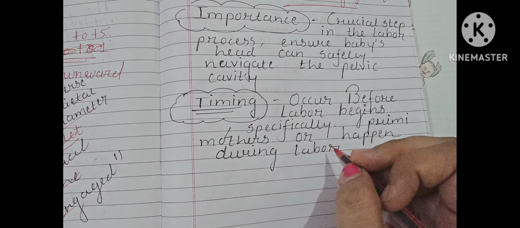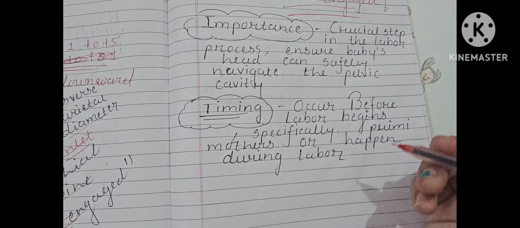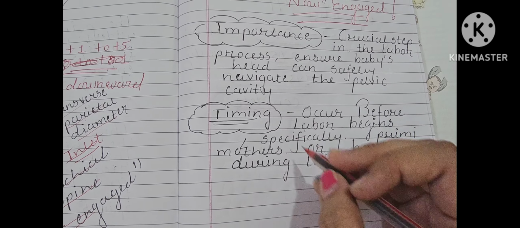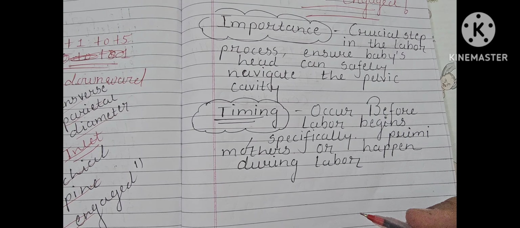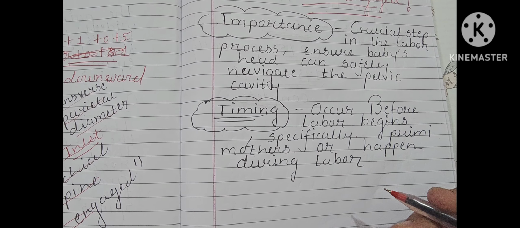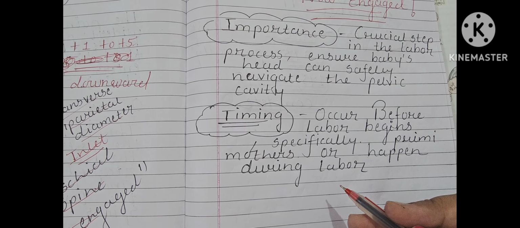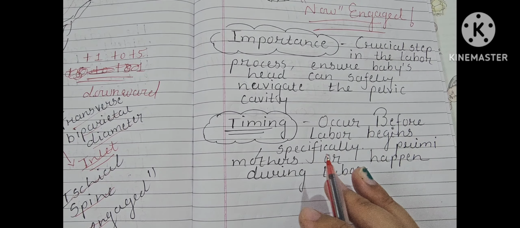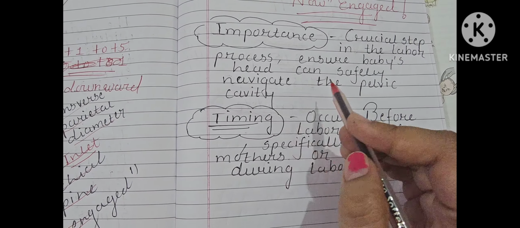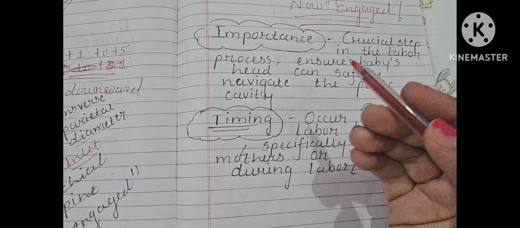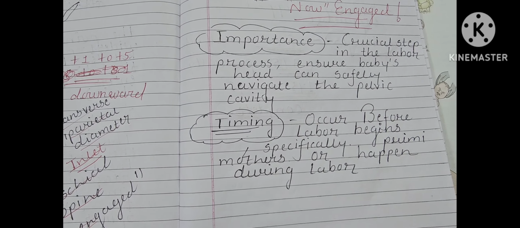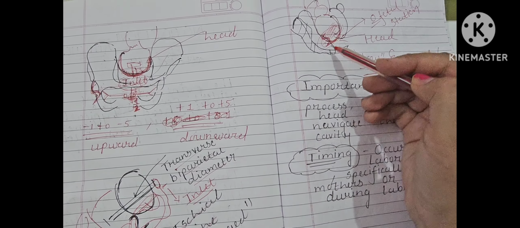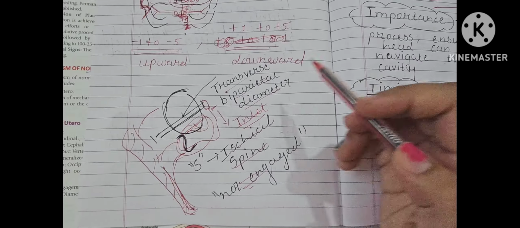But in primary mothers, the females who experience delivery for the first time, this happens most often. Why? Because of good uterine tonicity and good elasticity of the whole birth canal. So basically it is a very crucial step, like a signal that now the baby is ready to deliver. So how can we identify between engaged and not engaged?